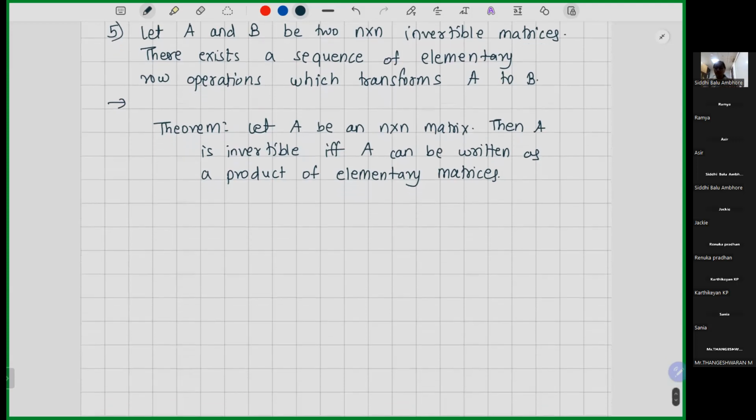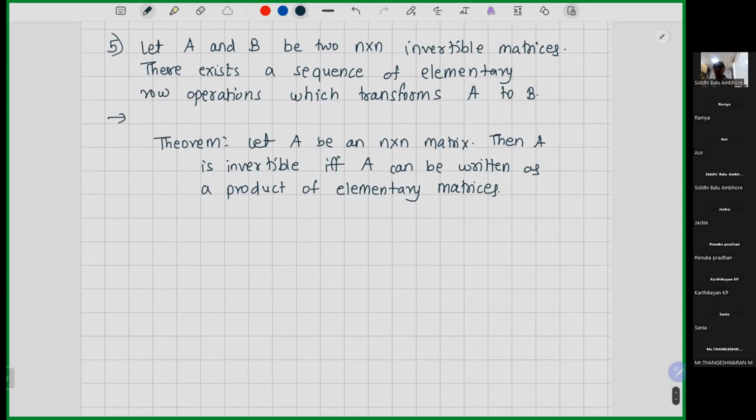What is your guess, can we transform any invertible matrix to any other invertible matrix by multiplication of elementary matrices? Any guesses?